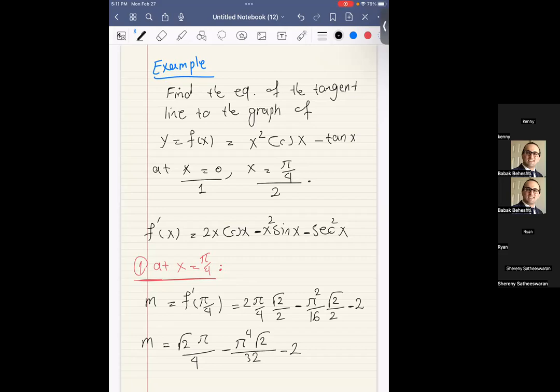This is a complicated number. Subtract pi. You mean this? Oh, the second line, yeah. That's, sorry, it's pi square.